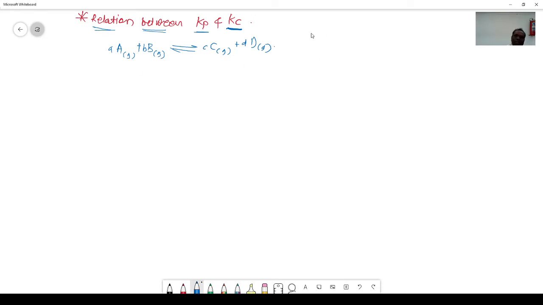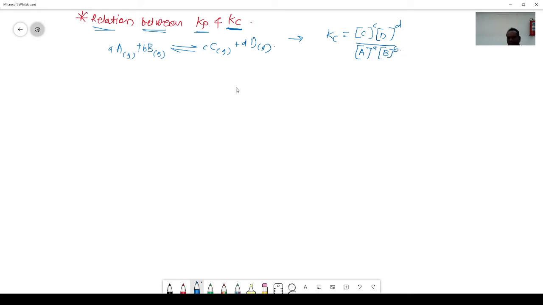Now Kc for this reaction we can easily write. All of us have learned how to write the Kc value: the product concentration raised to the proper powers divided by the product of concentration of reactants raised to the proper powers, A raised to a, B raised to b.